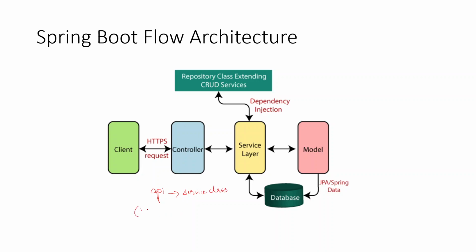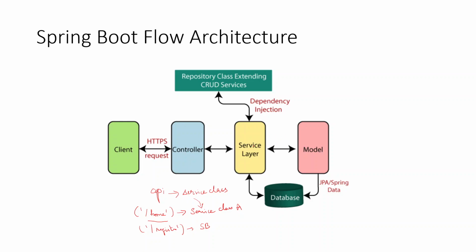For example, it can map home, which is my API call, to service class A. Similarly, register maps to service class B. Based on the request from the user, it identifies which API is requested, and for that request it will invoke the respective service class. This is the job of the controller class here.